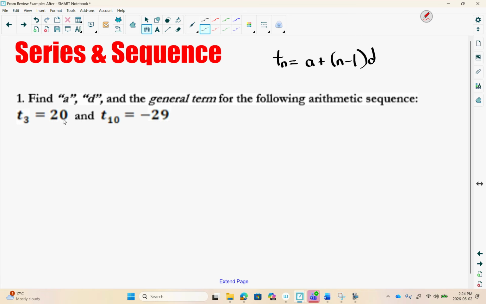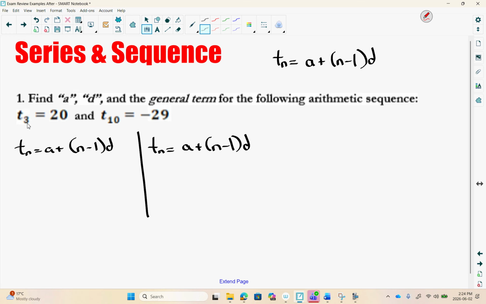If I know that term 3 is equal to 20, I take my general term, a plus n minus 1 times d, and I'll do the same thing here with this information. On this side, I can replace the n's with a 3.